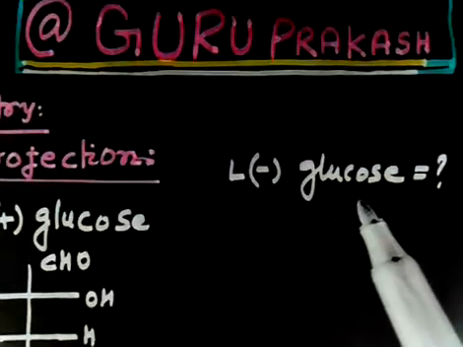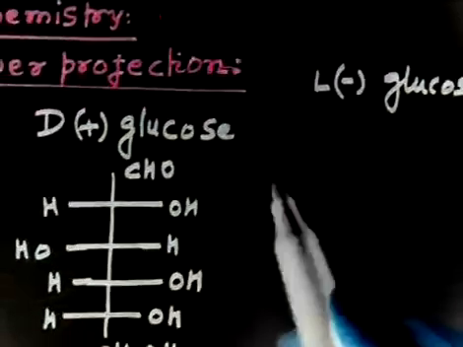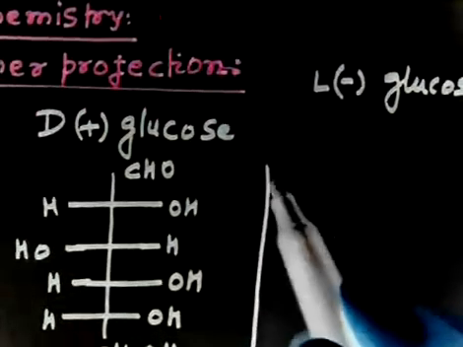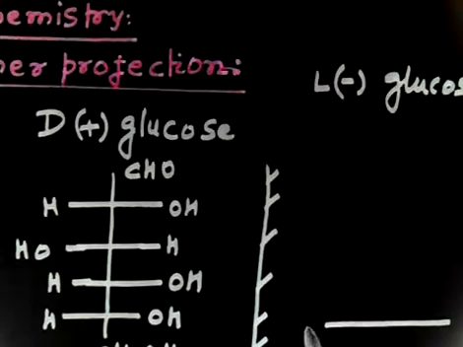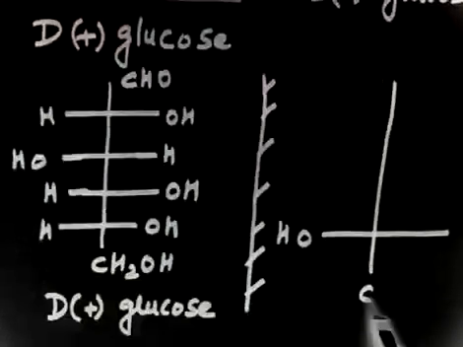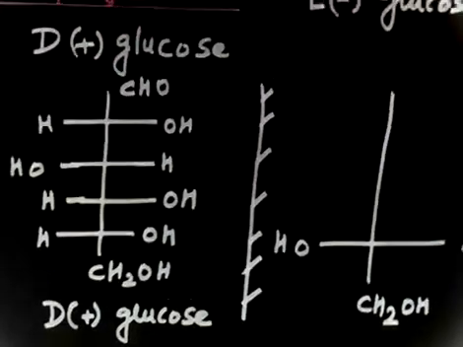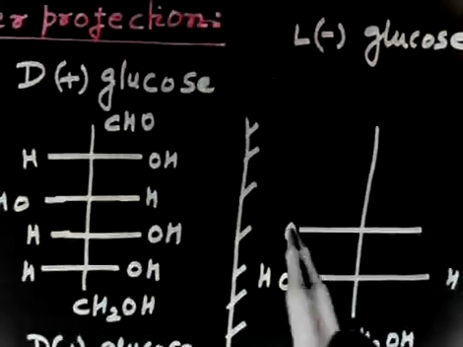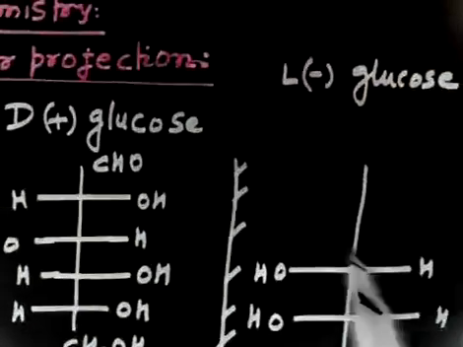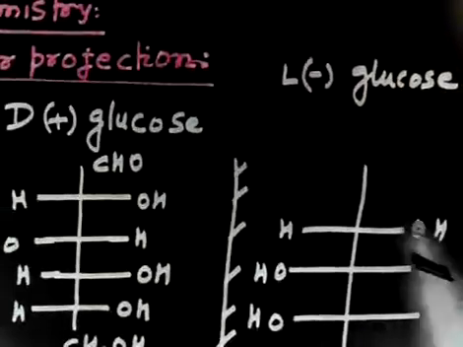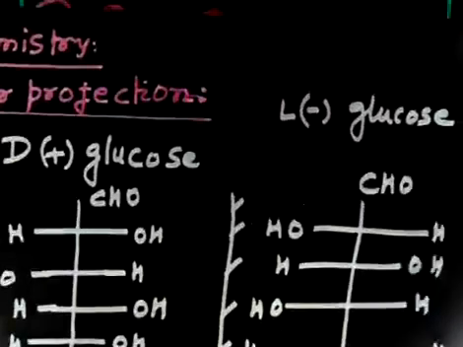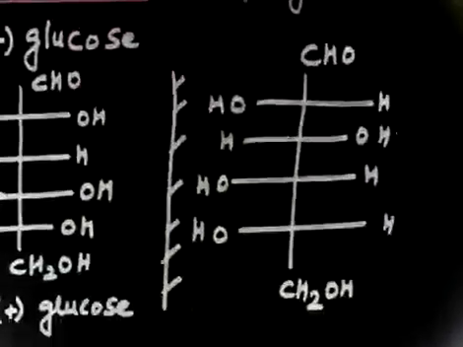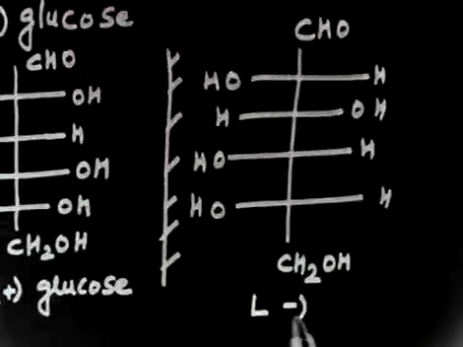L minus glucose is basically the enantiomer of D plus glucose, so in this case we will have OH, H, and then CH2OH here, and then take the mirror image: OH, H, H, OH, OH, H, and CHO. So this is the mirror image of D plus glucose, and the name of this is L minus glucose.